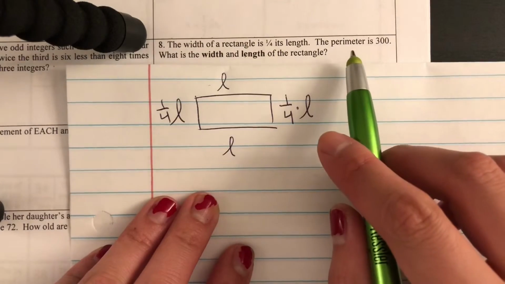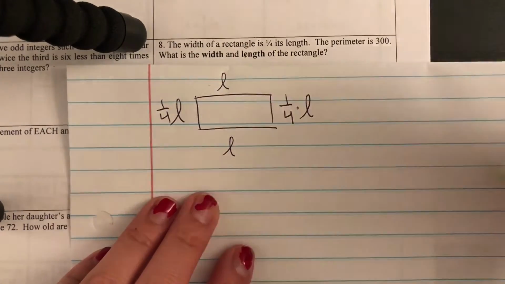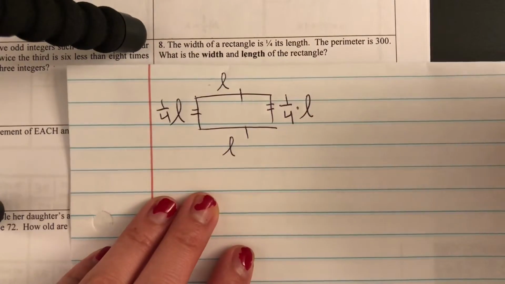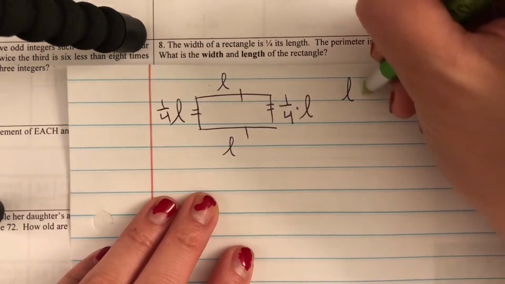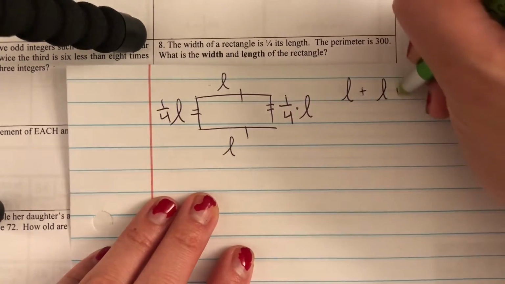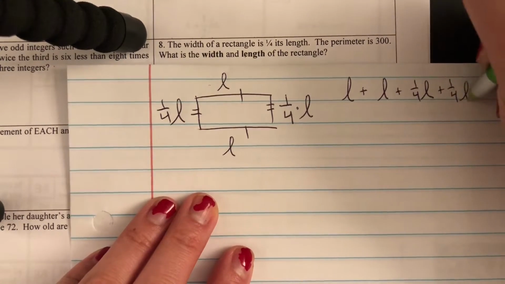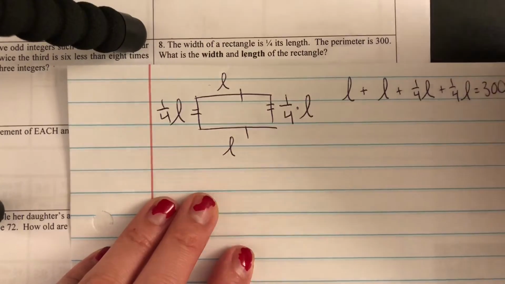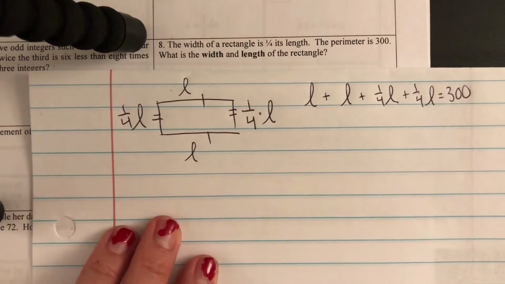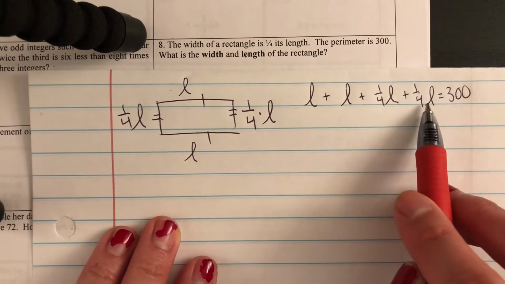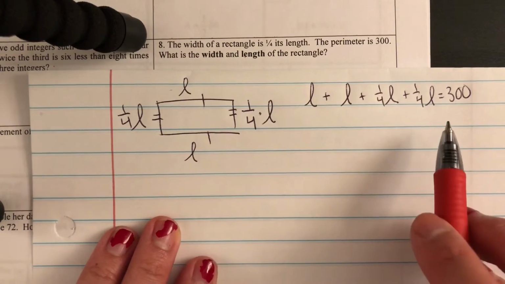Right here it says the perimeter is 300. That means I'm taking all 4 sides and I am adding them. So I'll have L plus L plus 1/4 L plus 1/4 L equals 300. When I have that, all 4 of these are like terms. I can just add them together or combine them.